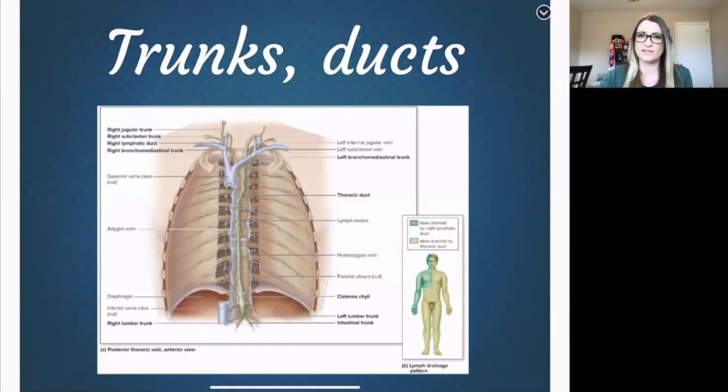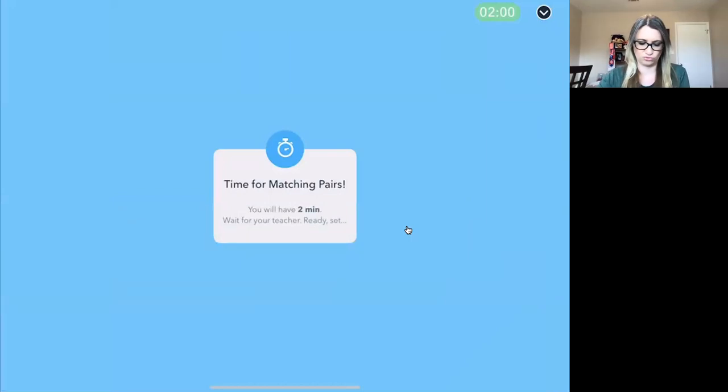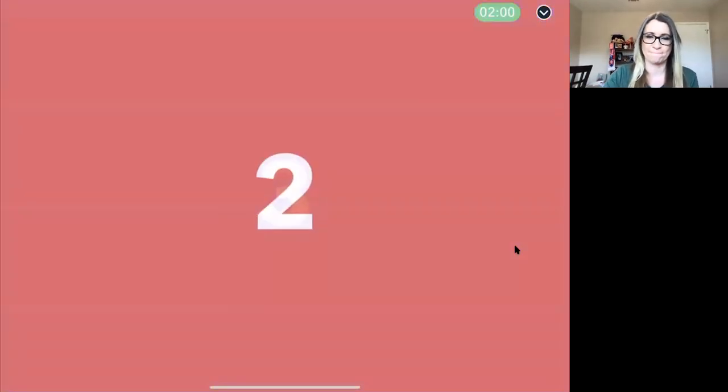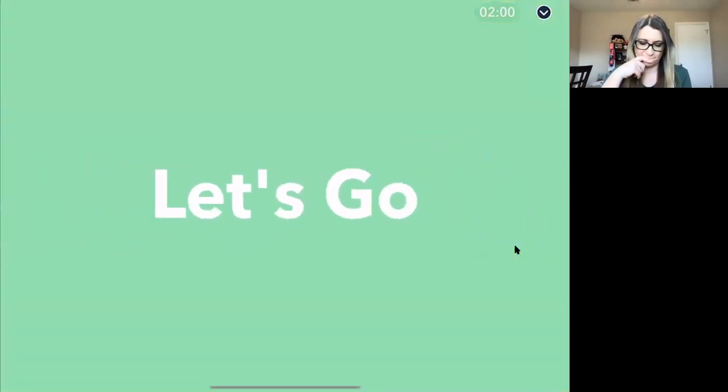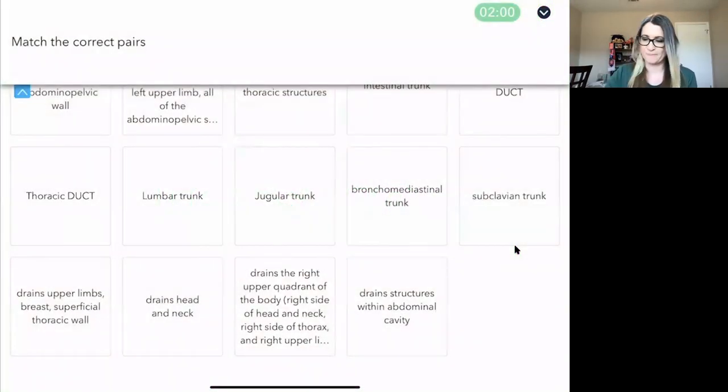Let's look at the lymphatic tissues. Okay, let's match some pairs here. Okay, so these are your pairs.